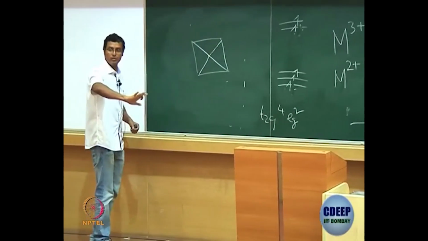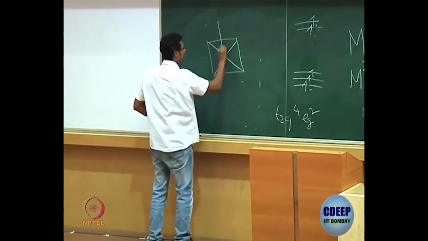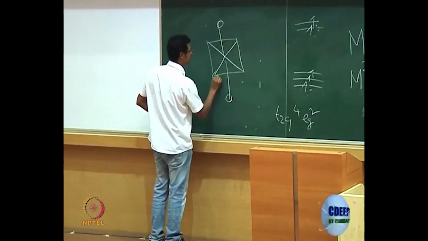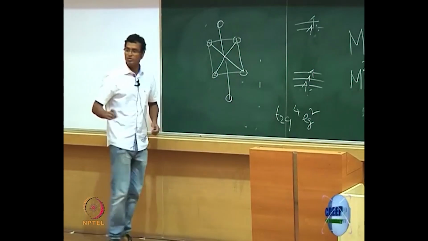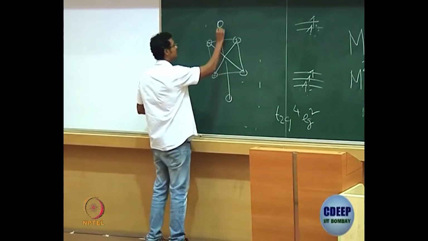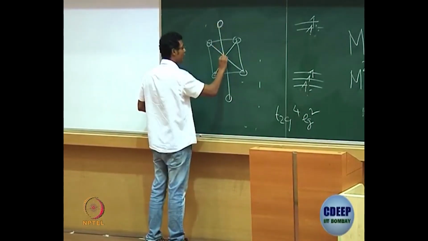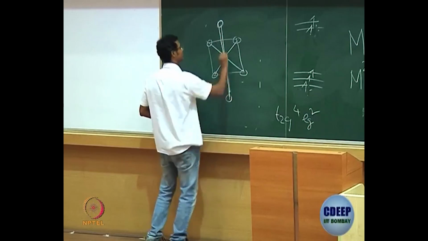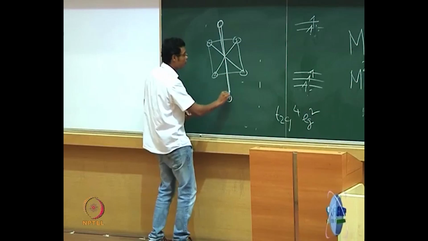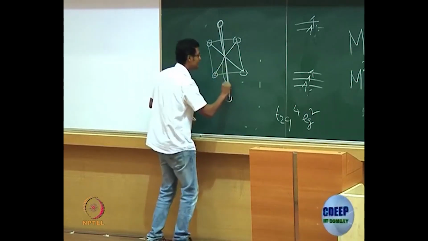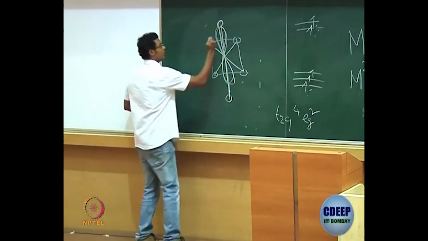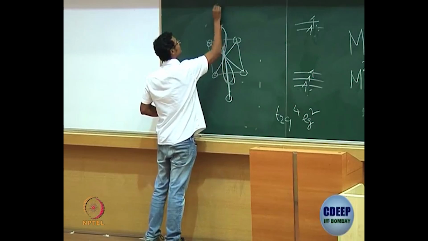This is the equatorial plane, axial was here. Now this is, let's say, the normal scenario. If I want to say that the dz square orbital is stabilized, that means this ligand is not coming close. This is the dz square orbital direction, right? This is where the dz square orbital is. So it is not coming close, that means it is going far.